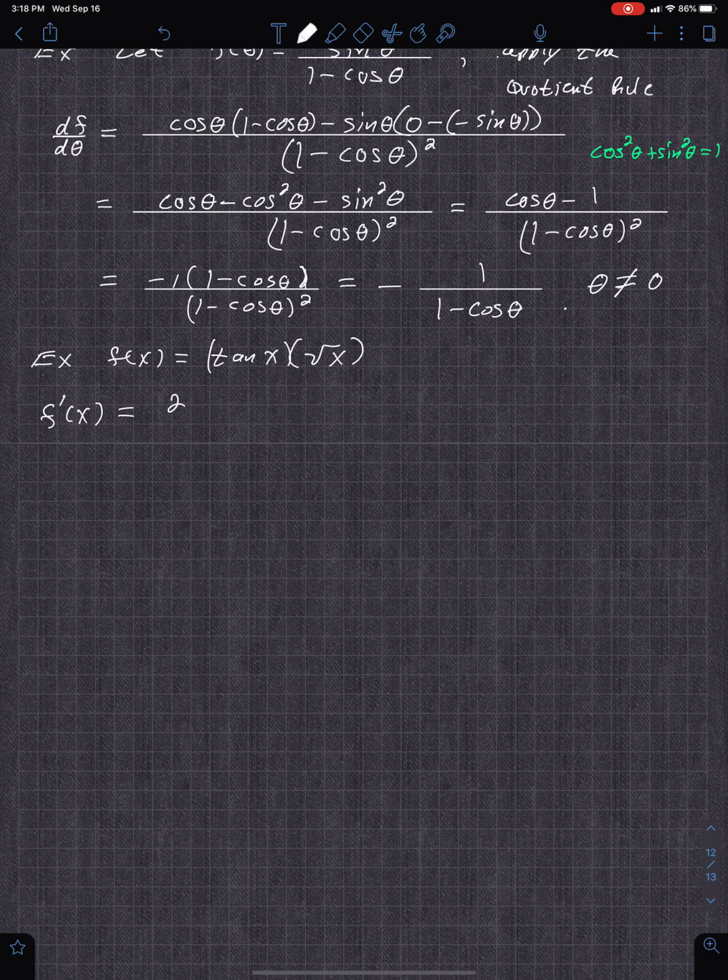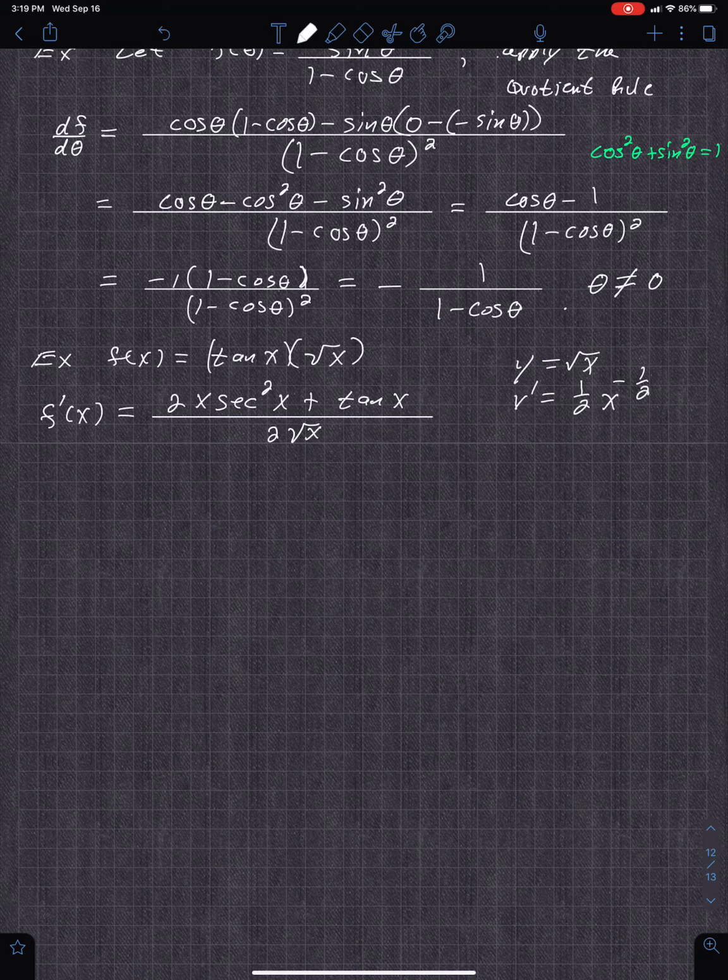And I got 2x secant squared x plus tangent x all over 2 root x. So if you combine it in the end, that's what I ended up getting. Because when you take the derivative of root x, then y prime is 1/2 x to the negative 1/2. So it always comes down in the denominator.